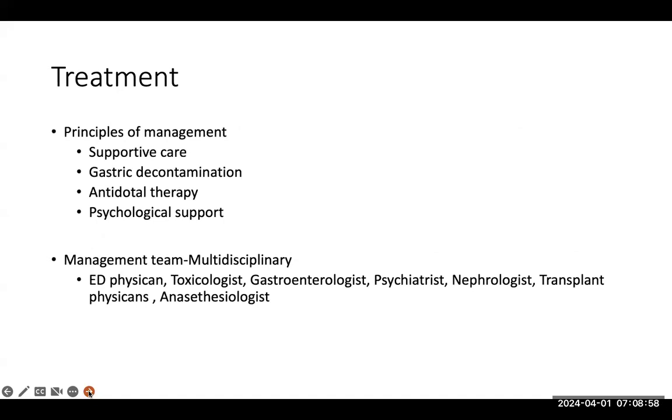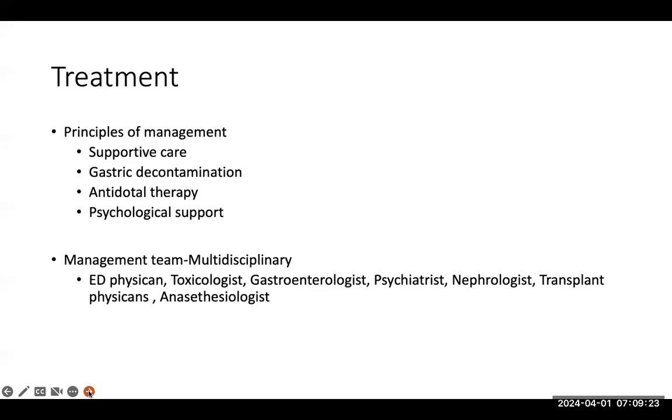So how would you want to treat this patient? The principles of management here will be, first, your supportive management, then your gastric decontamination, your antidotal therapy, and your psychological support, because obviously the patient needs a suicide watch, since the patient tried to commit suicide. First things first, the doctors managing this patient are going to be multidisciplinary.